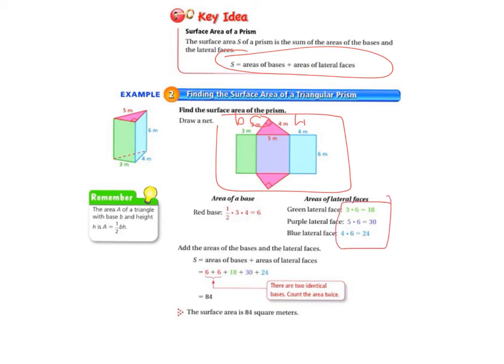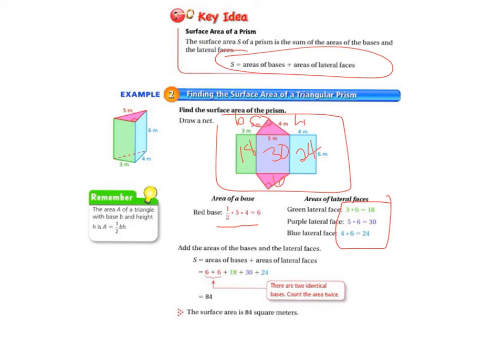So the green lateral face is 3 times 6, which is 18. And the purple lateral face is 5 times 6, which is 30. And the blue lateral face is 4 times 6, which is 24. And the red base was 1/2 times 3 times 4, which equals 6.